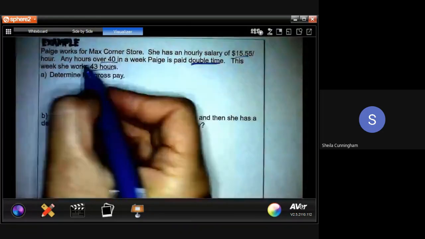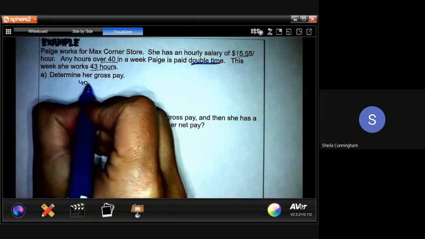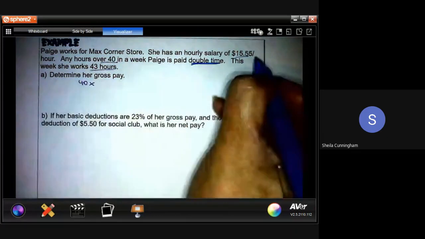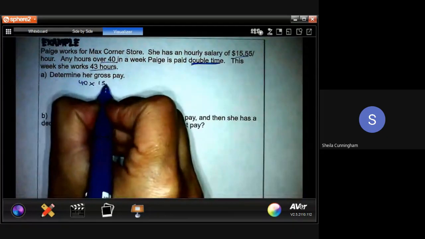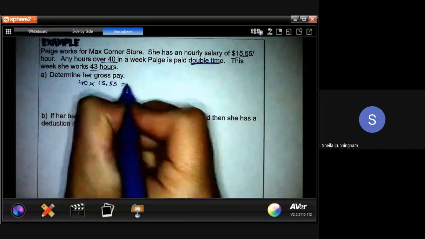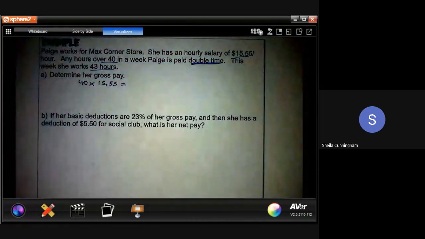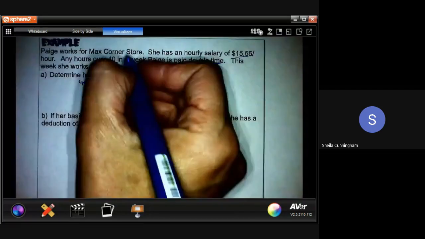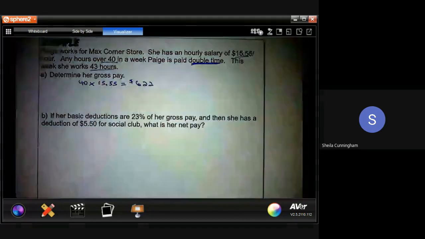Since she worked over 40 hours, we know those first 40 hours she's getting paid $15.55. So that 40 times $15.55 works out to $622.